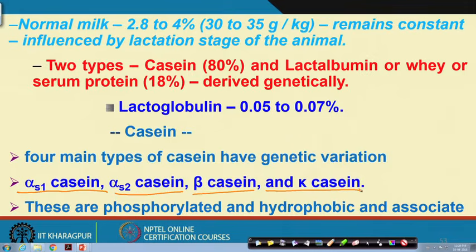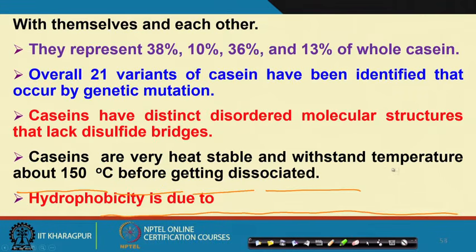These 4 types are there. These caseins are phosphorylated and hydrophobic, and they are associated with themselves and each other, right.